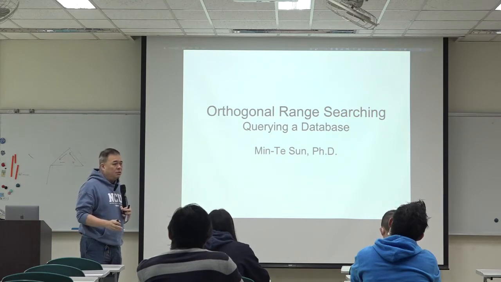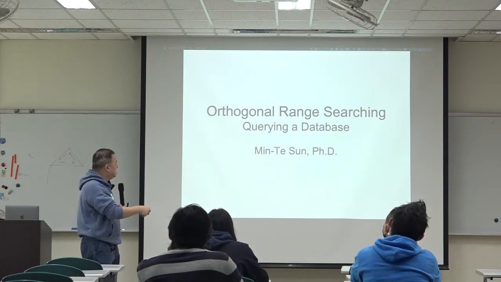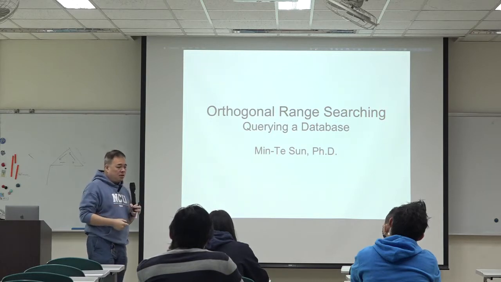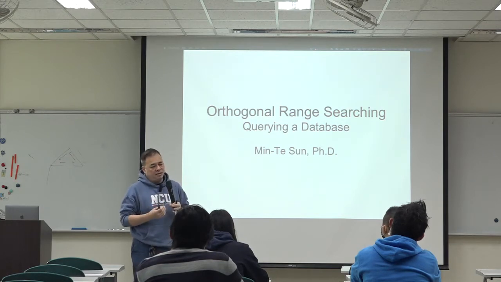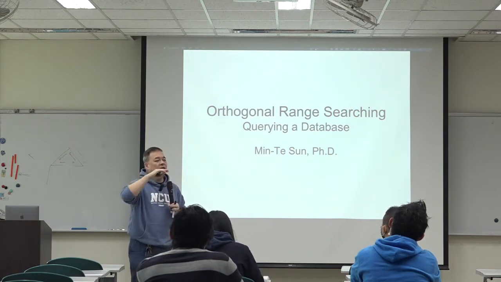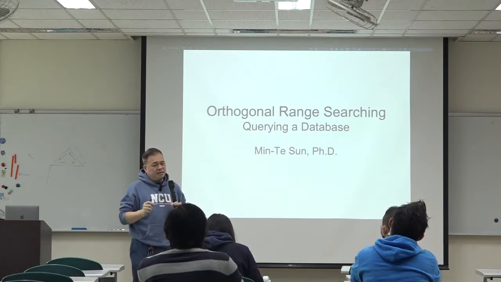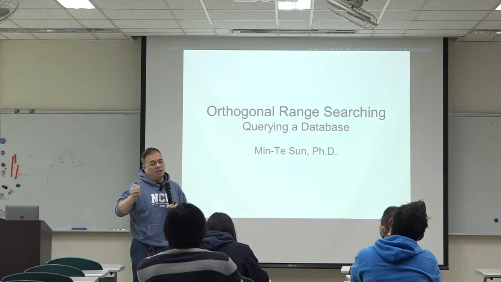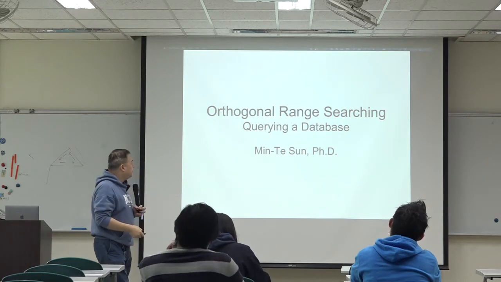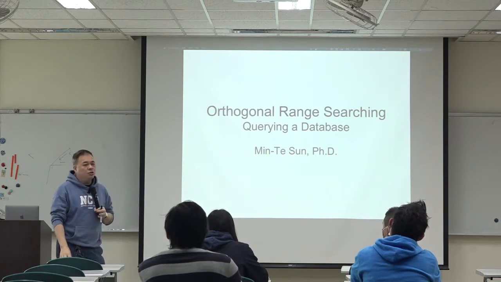Okay, so to abstract the database, the ideal database basically contains a large number of data, obviously, and this data is represented by what we call attributes or features. And of course, not all the attributes or features are numerical, right?